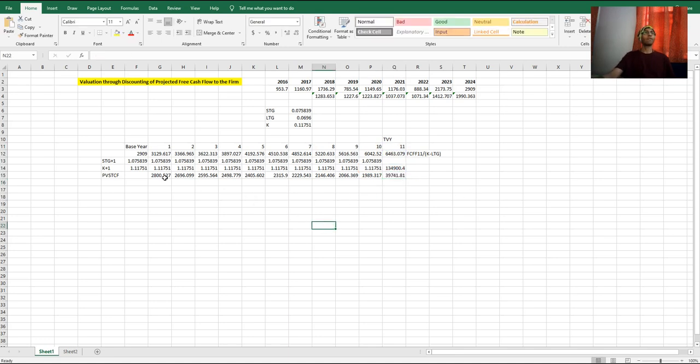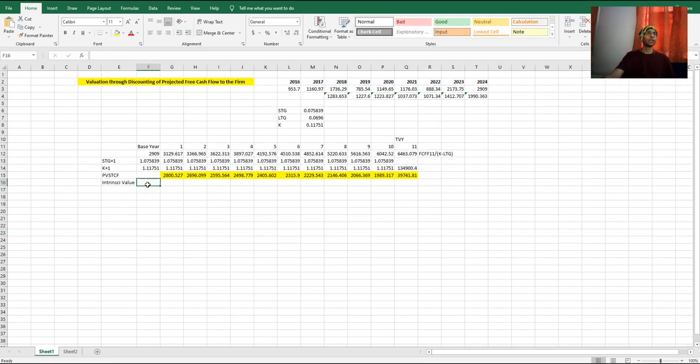Now we have the present values for all the cash flows that we want to calculate. Now for finding the intrinsic value, all we need to do is sum them up. So intrinsic value is equal to the sum of all these present values of cash flows, 63485. This is the intrinsic value.